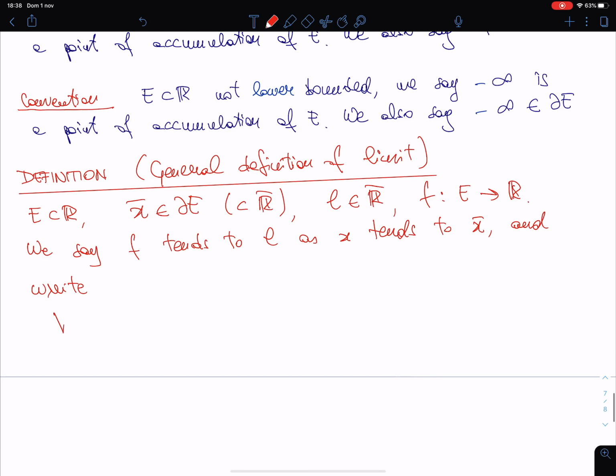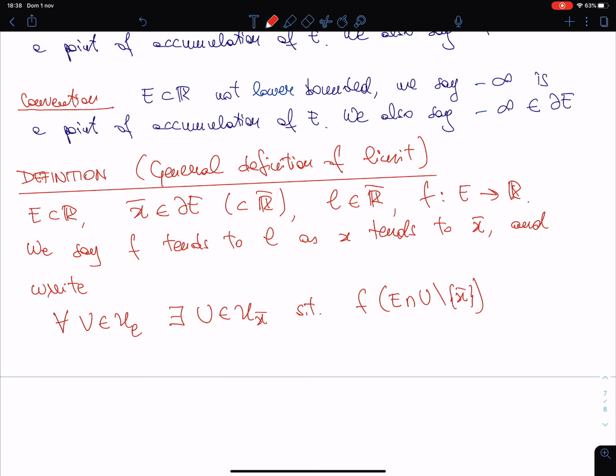and write that for every V in U_L, that can also be plus infinity, there exists U in U_x bar such that f of E intersection U minus x bar is contained in V, exactly the previous definition.